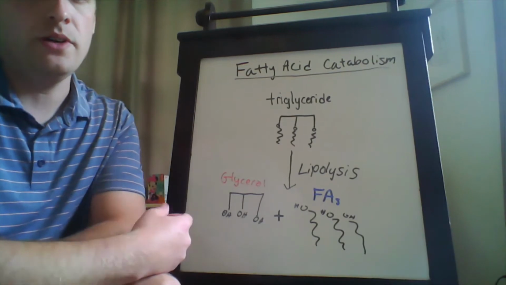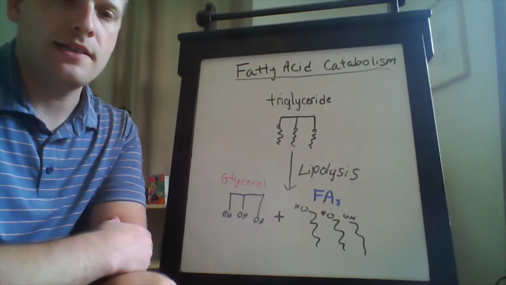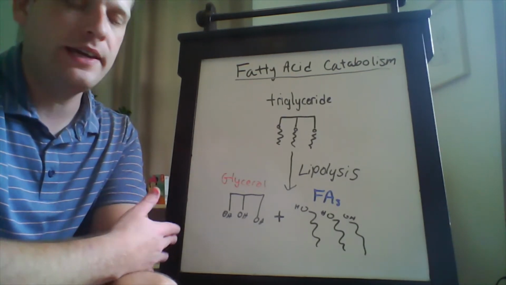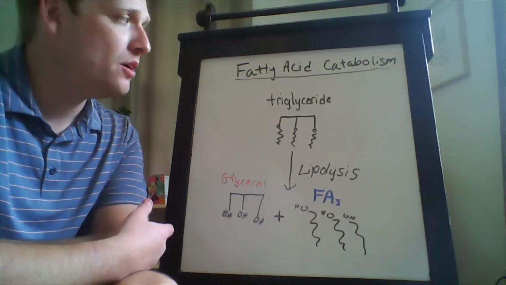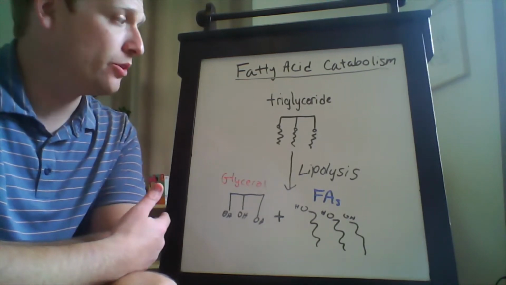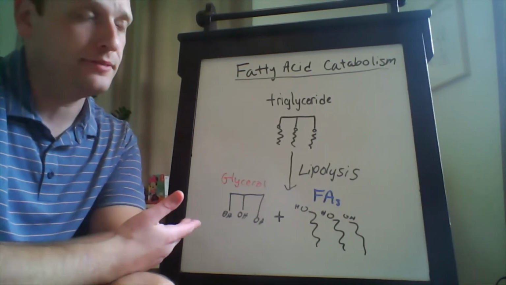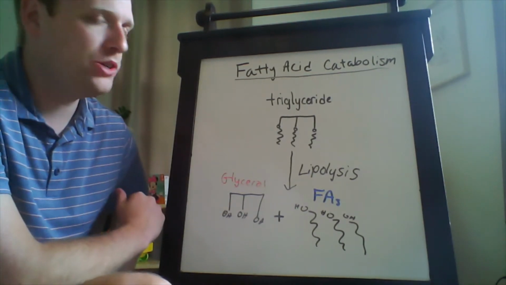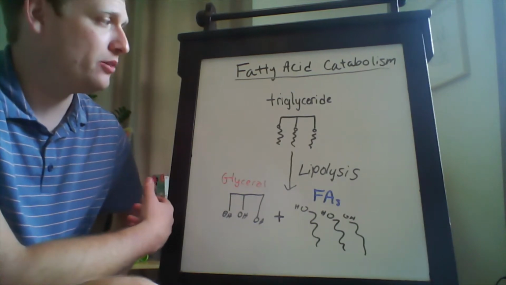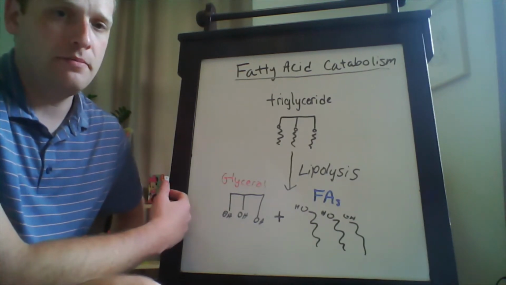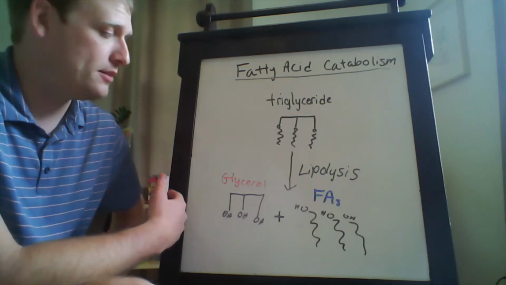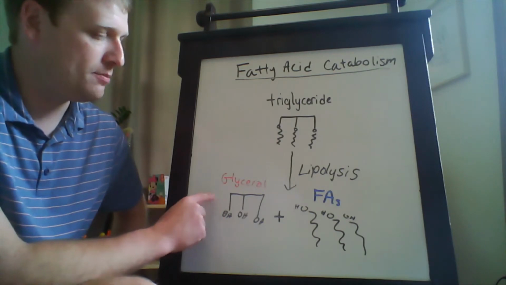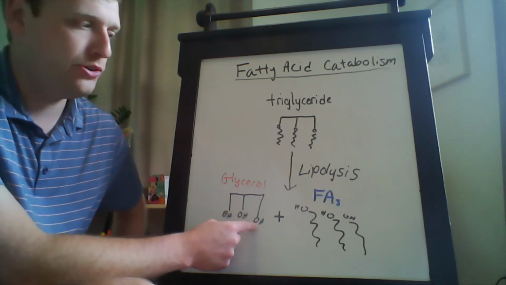So in finishing up our catabolic processes and talking about how fatty acids are catabolized, how do we get energy out of fats? Well, the stored form of a fat, or the form that we are usually ingesting, is going to be the triglyceride. What you may remember from talking about macromolecules is that a triglyceride is really built from two different components. You have a molecule of glycerol, and you can see this molecule has 3 OH groups.